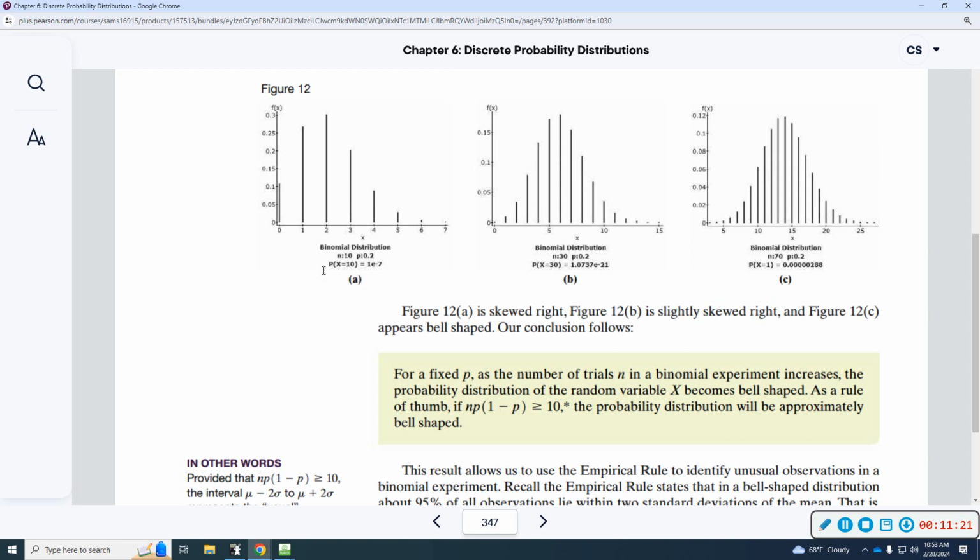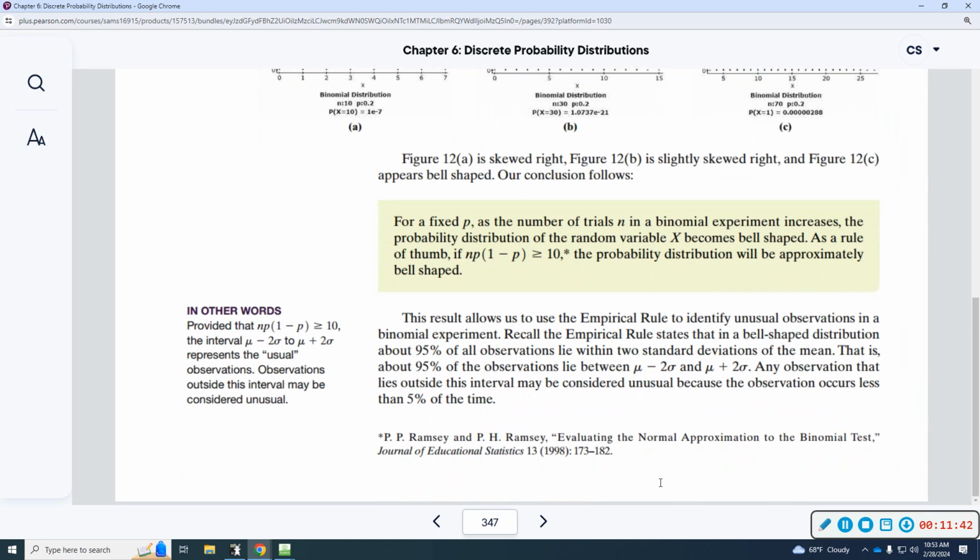So this would be like 0.2 probability, 10 trials. So 0.2 skewed to the right. Then we have 30 trials. It looks more normal. You still got a slightly skewed to the right. And we got 70 trials. This looks almost bell-shaped. So as n increases, you get closer to bell-shaped.